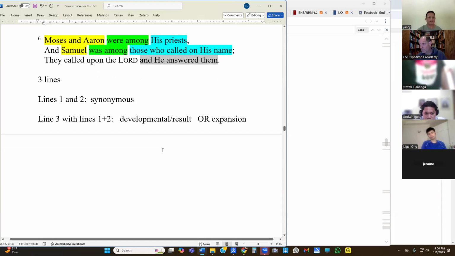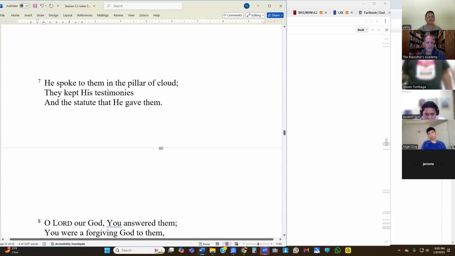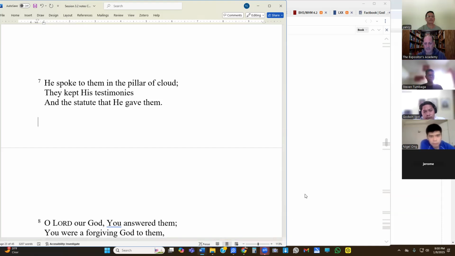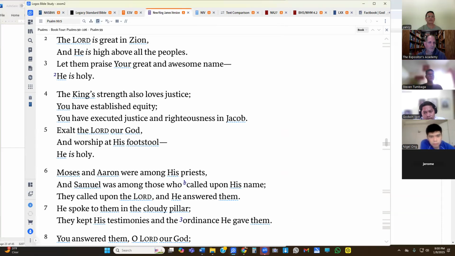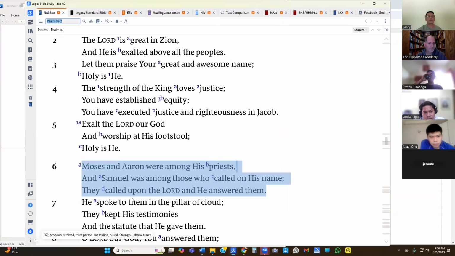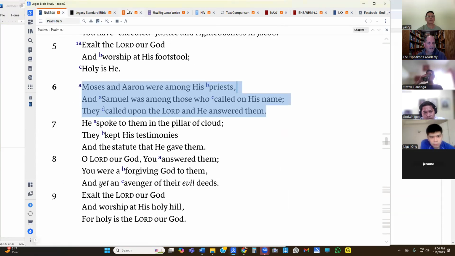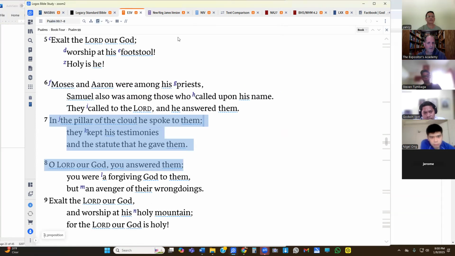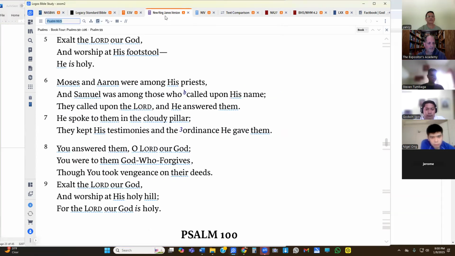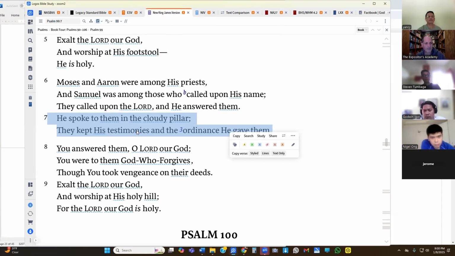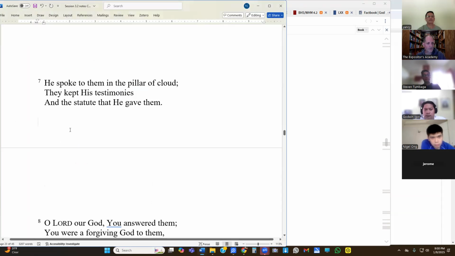So we have verse 7, he spoke to them in the pillar of the cloud. They kept his testimonies and the statute he gave them. The New American Standard has 3 lines here. The ESV has 3, and the New King James has 2. But ESV and NAS have 3, so that's what we're going to go with.